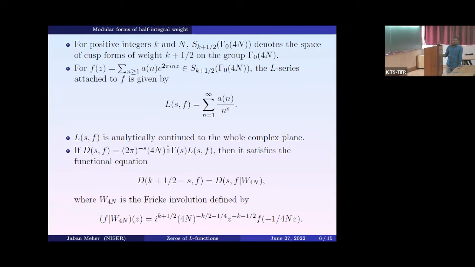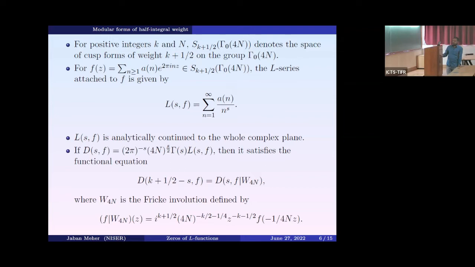It is not exactly like the case of the Riemann zeta function, where s is related to 1 minus s. Here, of course, it is not 1, it is k plus half, but on the other side we get F slash W_{4N}. So what is W_{4N}? It acts on F like this.